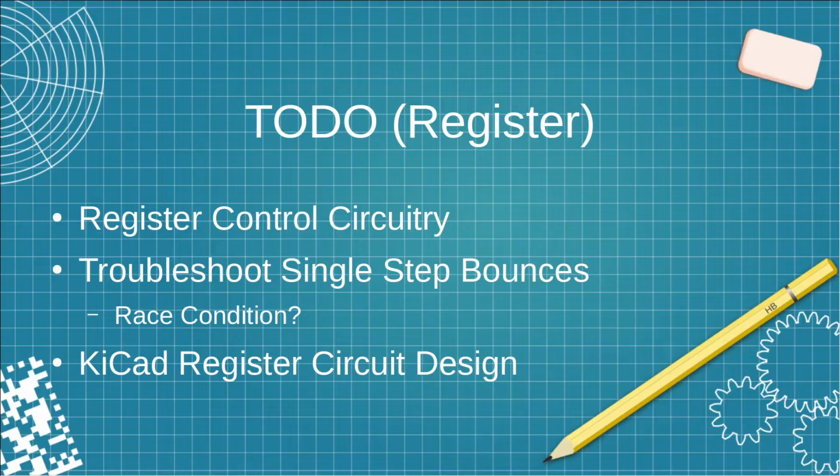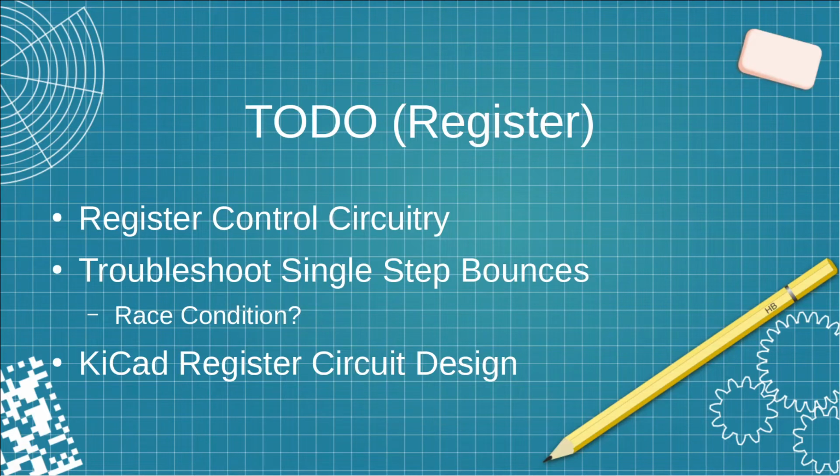In the next video, we're going to implement the register control circuitry. There's a lot to consider with this, making sure that we define exactly what we want to have happen on each portion of the clock cycle. I also want to get into troubleshooting that single step bounce that we observed, and I have a working theory right now that it's related to a race condition.